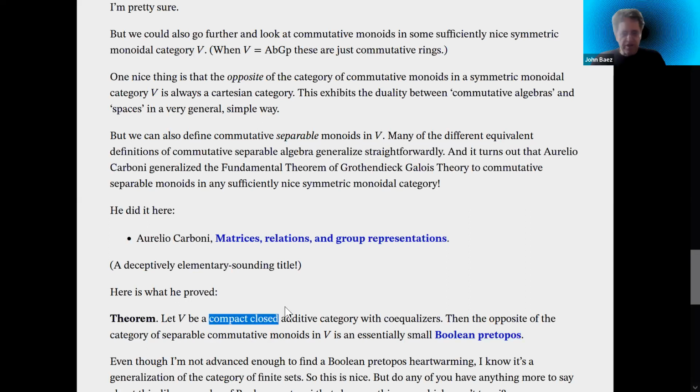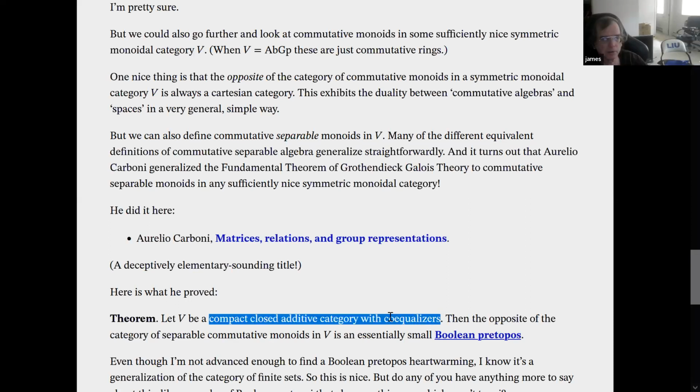So he worked with a compact closed additive category with co-equalizers. That would include the case of finite dimensional vector spaces over a field, which is sort of what we were talking about before, although I didn't say finite dimensional right on top. But here he's putting in right on top that everything has a dual.